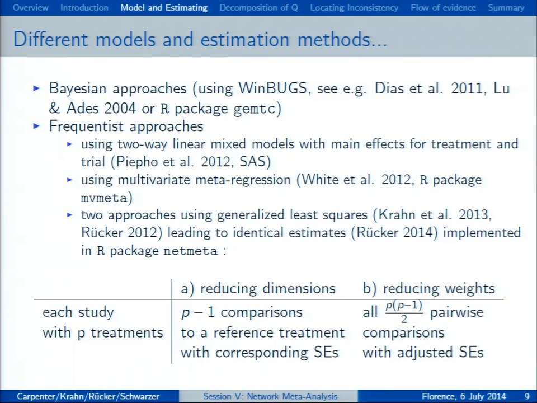So we use all pairwise comparisons between the treatments of multi-arm studies, but adjust the corresponding standard errors. It is shown that both approaches lead to identical estimates. So these two approaches are implemented in the R package netmeta, which I will present now in further detail.